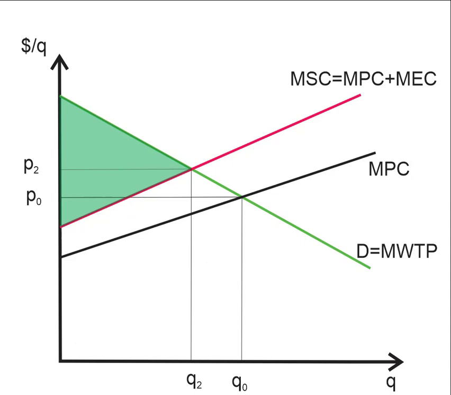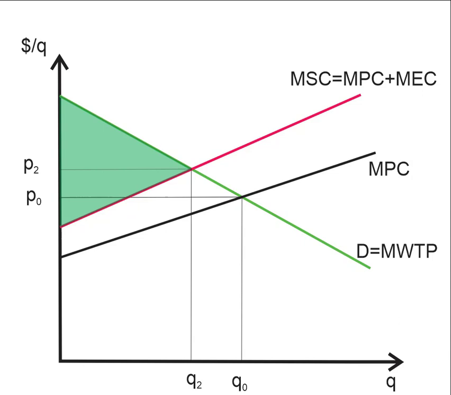Now, can we get rid of the welfare costs? Sure, if we could somehow get the economy to move back to the production of quantity Q2 at the price P2, that would achieve the socially optimal quantity of production, Q2.